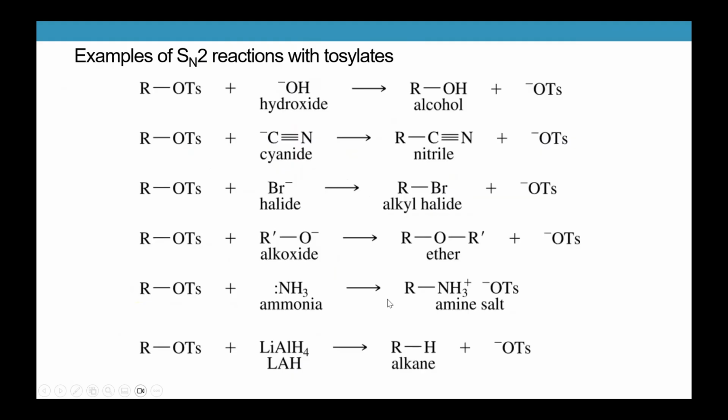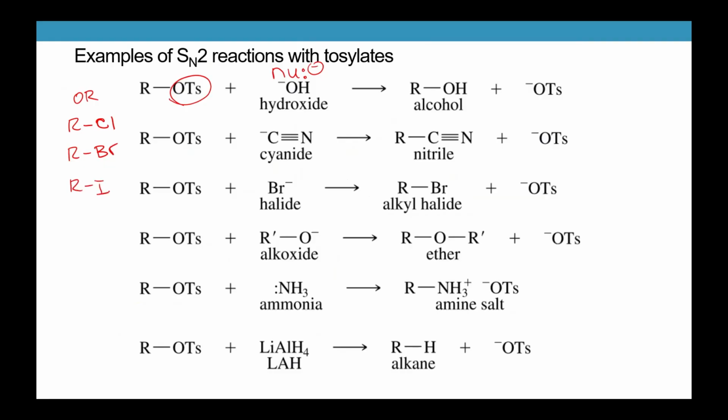Okay, so once we have a good leaving group, the nucleophile could be a variety of things. Hydroxides, cyanide, halides, alkoxides, ammonia, and even reducing agents are shown here. This could also be done with alkyl halides, with alkyl chlorides, bromides, and iodides.